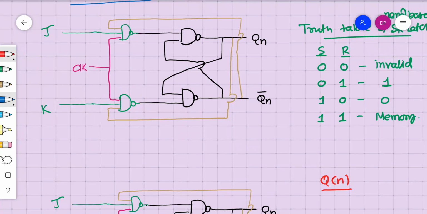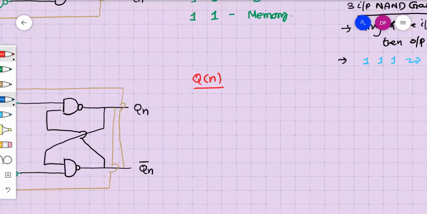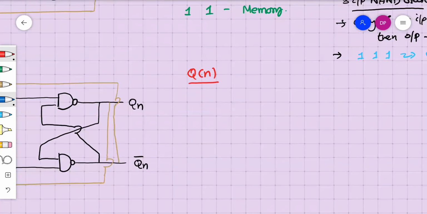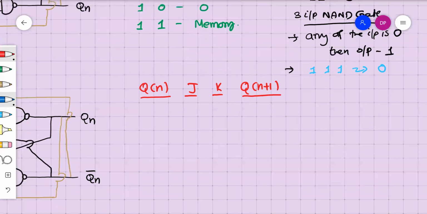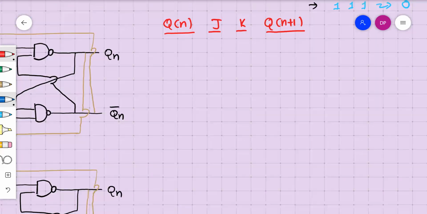So I will consider the previous or present output Qn, along with the value of J, the value of K, and the next state value Qn plus 1. Given a combination of JK, what will be my next output? I should answer this.